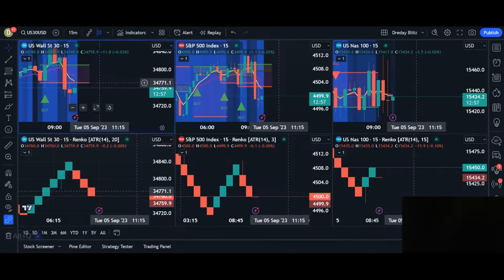I usually use 2 to 3 EMAs just for confirmation of the direction, but sometimes I only use two. Currently, you should see only two EMAs. But the indicator that I use the most is the Renko bars, for extra confluence on my decision on whether I'm taking the trade or not. Okay, Nasdaq is starting to go down.